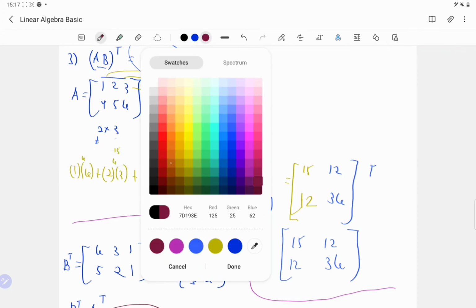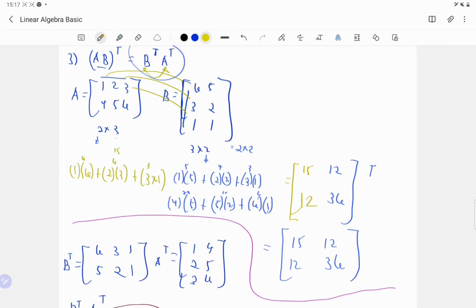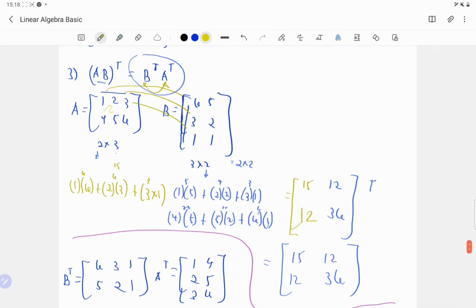Let's do this again. Okay, this should be this one. 4 times 6 plus 5 times 3, 6 times 1. It's okay to make a mistake, right? What is this? 6 times 4, 24, 15, 6.